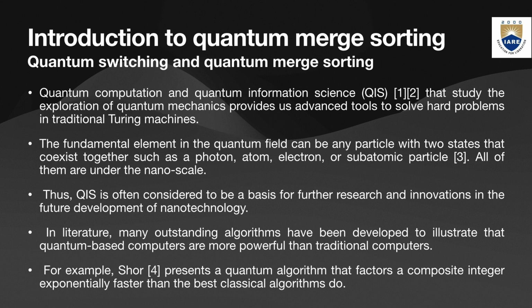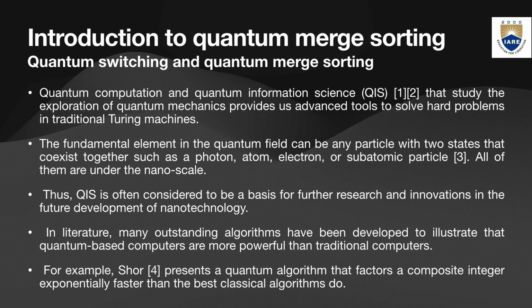The fundamental element in the quantum field can be any particle with two states that coexist together, such as a photon, atom, electron, or subatomic particle. All of them are at the nanoscale. Thus, QIS is often considered to be a basis for further research and innovations in the development of nanotechnology.